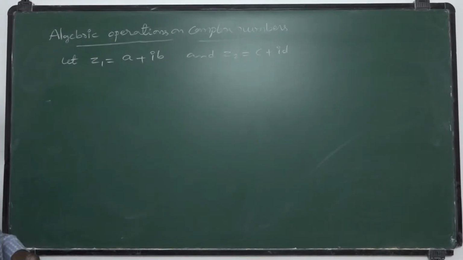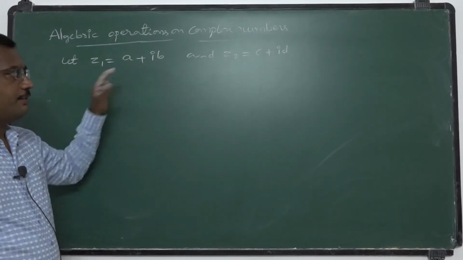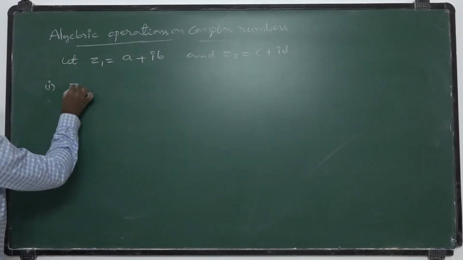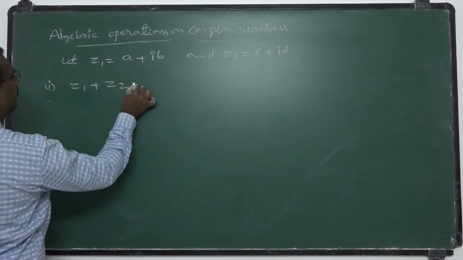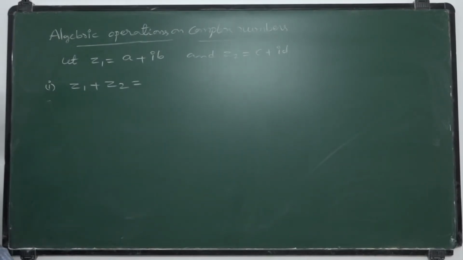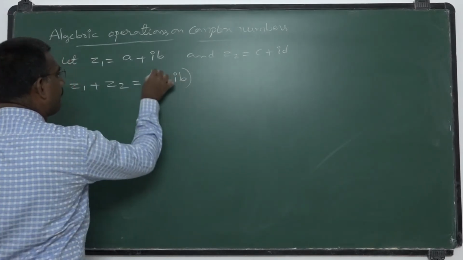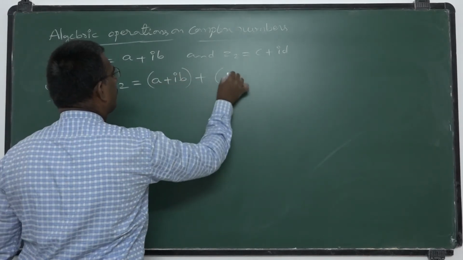First we discuss the addition of these two complex numbers. z1 plus z2. The sum of two complex numbers is defined as: z1 is a plus ib plus z2 which is c plus id.